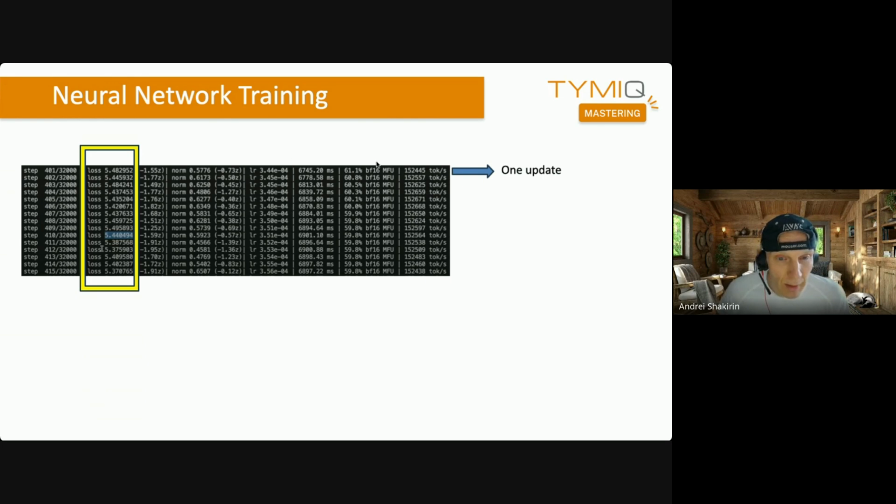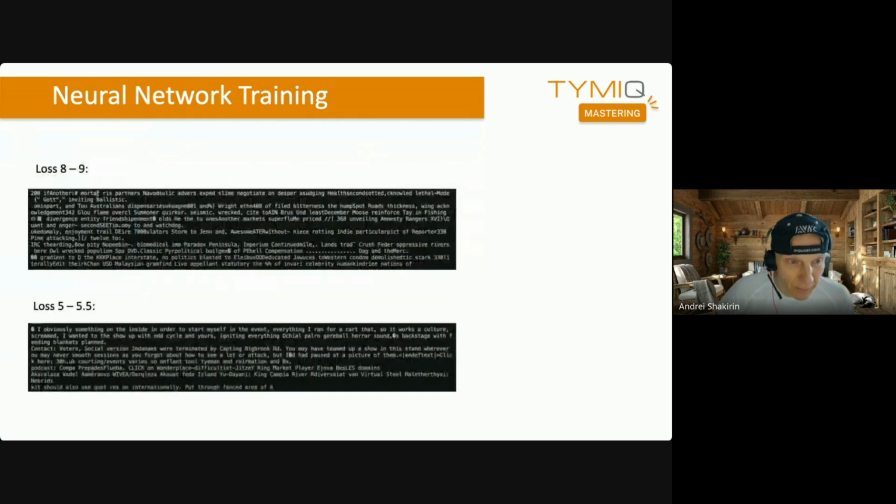Every row of this table means one update of the model weights, and loss is a kind of error. The smaller this error, the better the model is. You see, this is a result of the model's work when loss is between 8 and 9. It's basically not really readable, and there are just some characters.